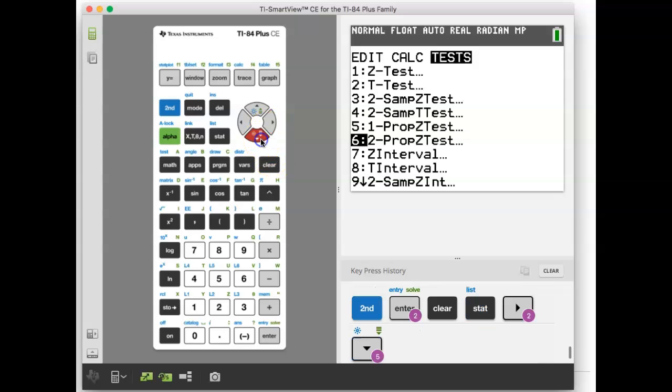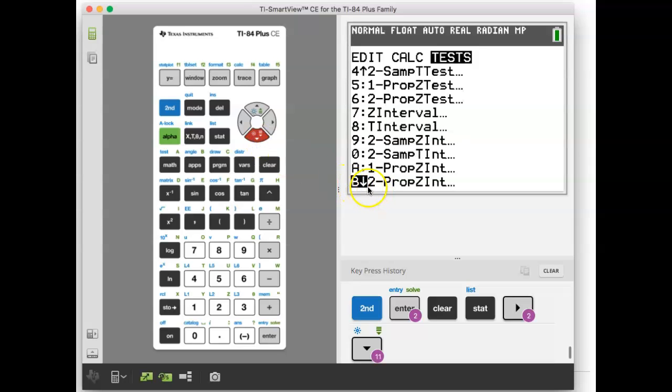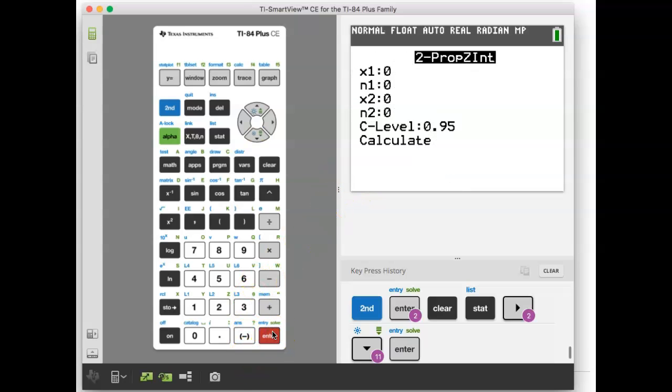We're not doing a test right now. We're doing an interval. So what we want is a 2-prop Z int, which is option B. You got to scroll down a little bit. And in this case, the order matters. So remember what you decided was P1 and what you decided was P2. For us, P1 was the Valium treatment group and P2 was the placebo group.